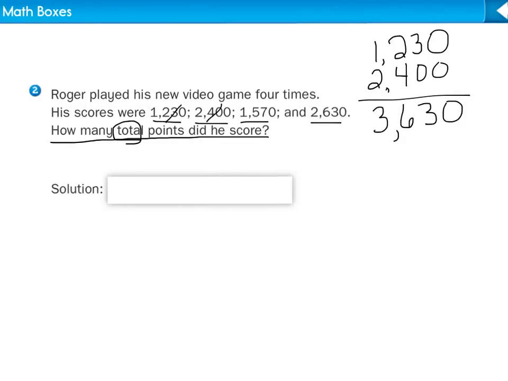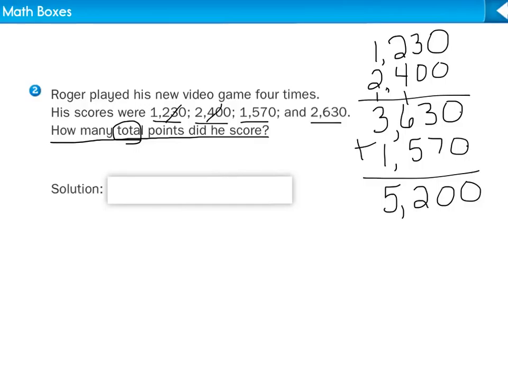Okay, so then I'm going to take the next number, 1,570, and add it to my total from the first two, so I'm keeping this running total going. 0 plus 0 is 0, 3 plus 7 is 10, 6 plus 1 is 7, plus 5 is 12, 1 plus 3 is 4, plus 1 is 5, so 5,200.